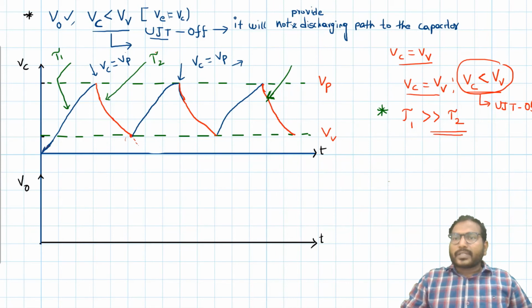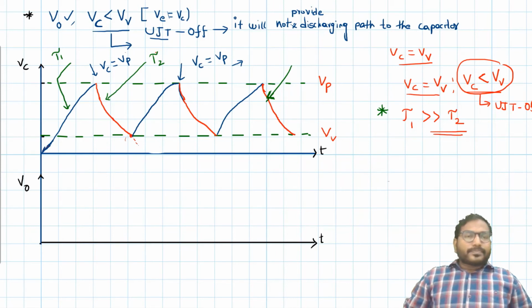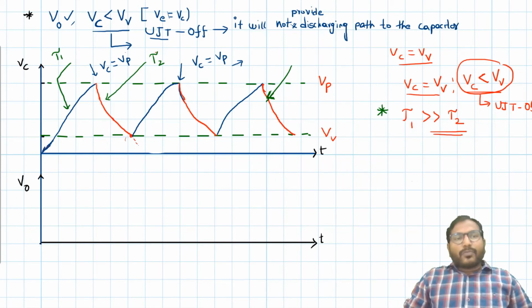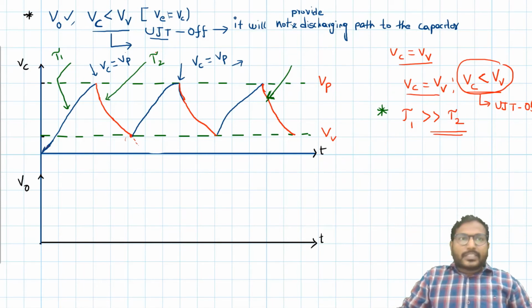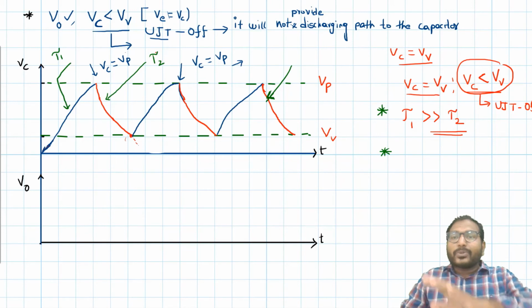Coming to the representation of the voltage across R1, that is the output voltage or our desired voltage, it acts as a gate voltage to trigger the SCR. We already discussed this point. The V0, the voltage drop across R1, is available only during the discharging.